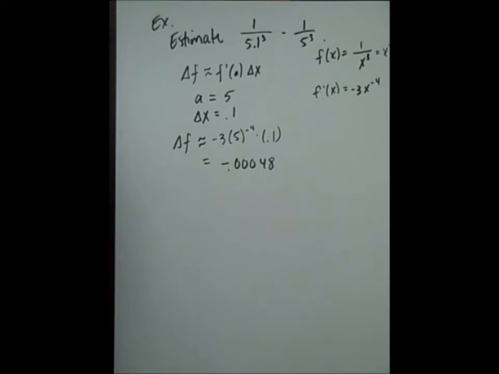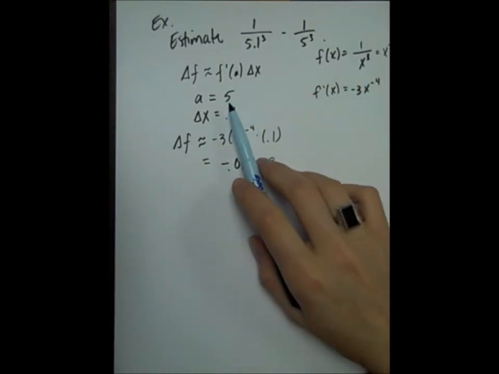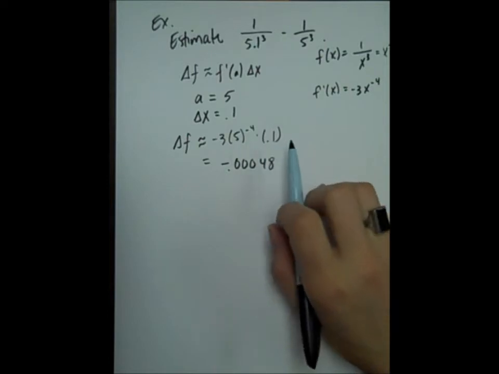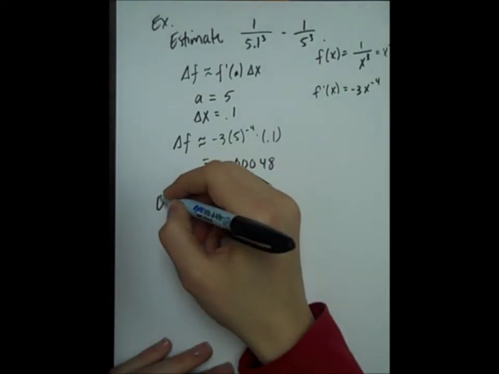So that's how we would read this off. Again, what did we do? The problem didn't give us a function, but we made a function out of it. We had the starting point a, the difference in the two x values was 0.1, and we plugged it into our equation.